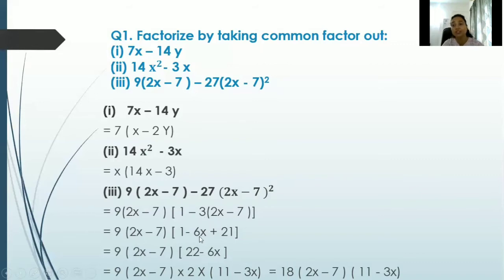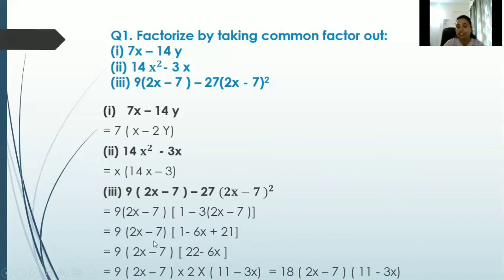Pay attention to the sign as well. Then minus and minus gives plus, 3 sevens are 21. Perfect. Now this 21 and 1 are both positive, so 21 plus 1 is 22, and minus 6x is here.